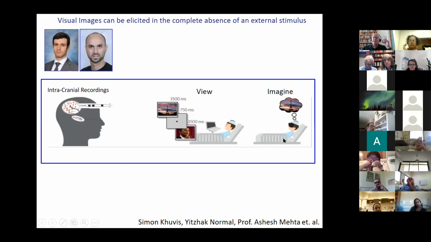And they were asked to simply imagine at their own time the images they just saw a few minutes before and report into a microphone the moment the image appears in their mind. So we have here a regular, typical sighted activation and an internally generated vivid imagery that is generated in the absence of any optical stimulation.